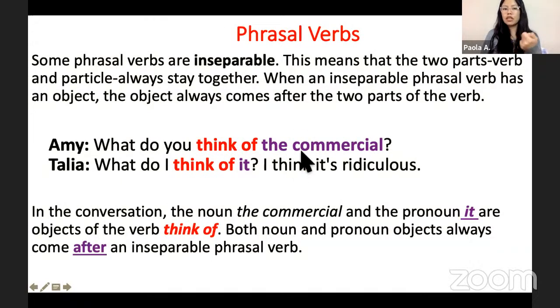So whatever I'm talking about comes after the phrasal verb. Think of my friend, my mom. Think of. I can use it, or I can use any pronouns, like them, him, her.